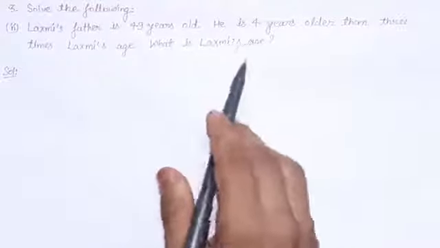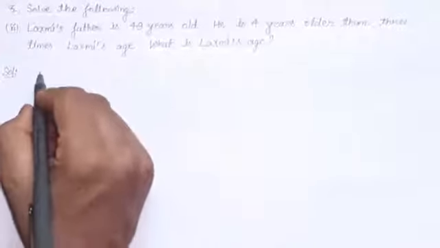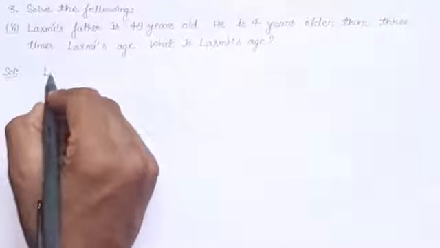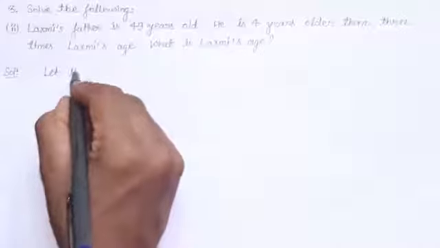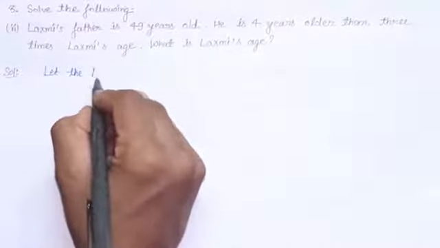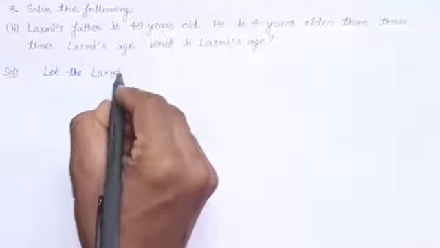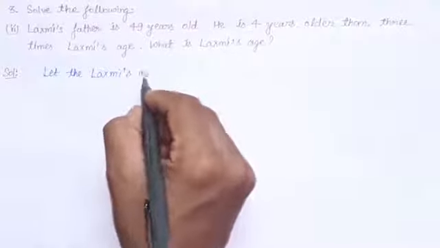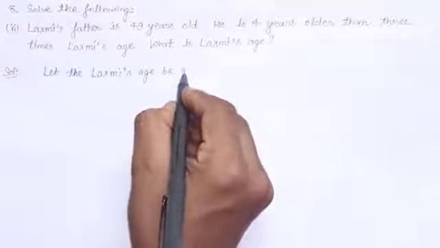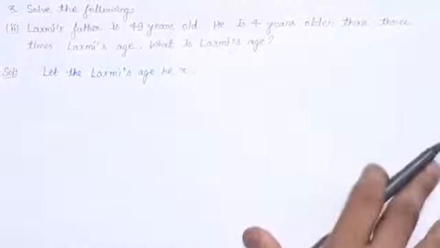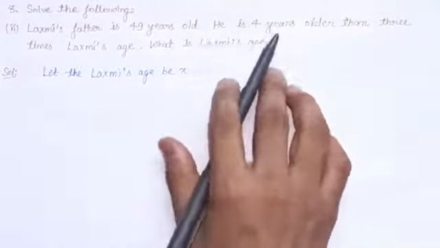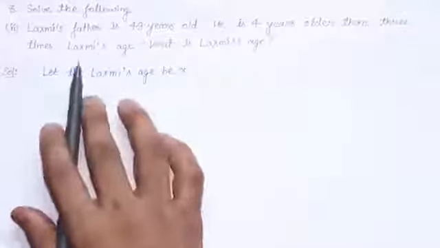So first let us suppose that Lakshmi's age be x. Let Lakshmi's age be x. Now his father is 4 years older than 3 times Lakshmi's age.